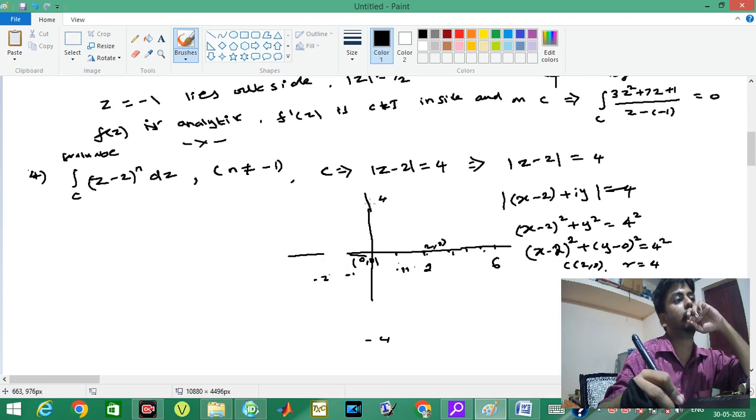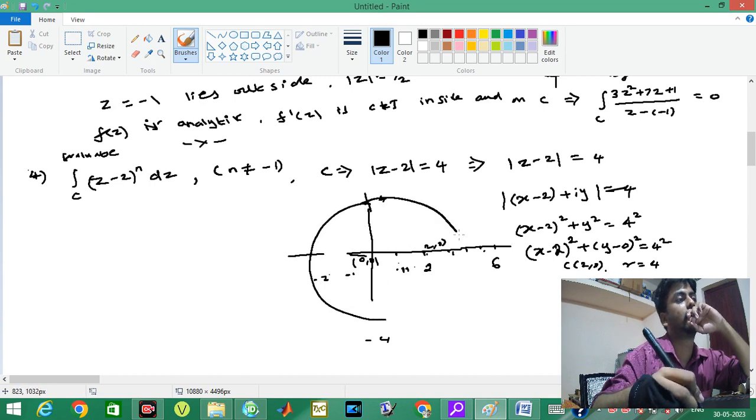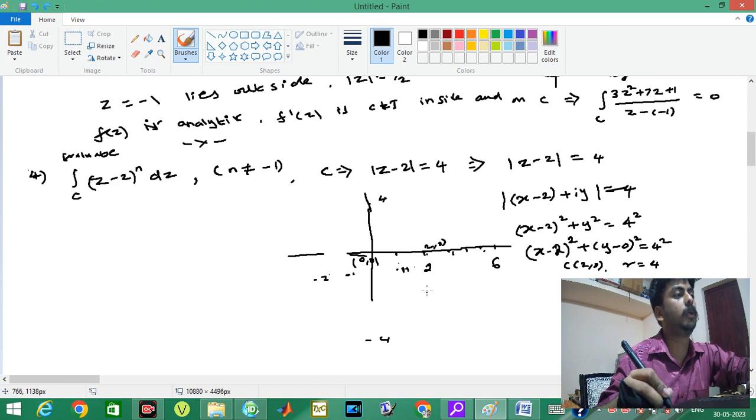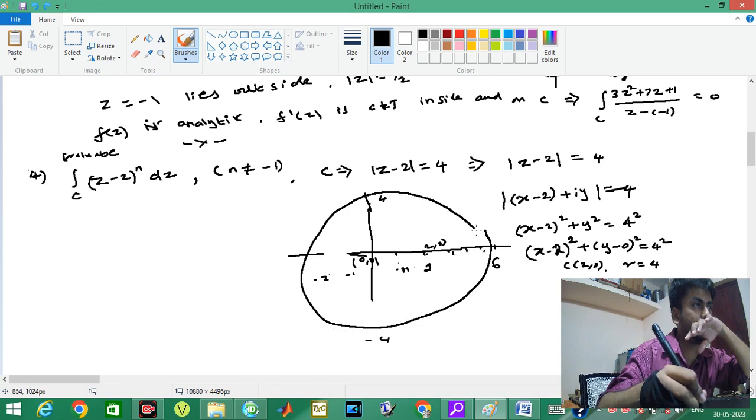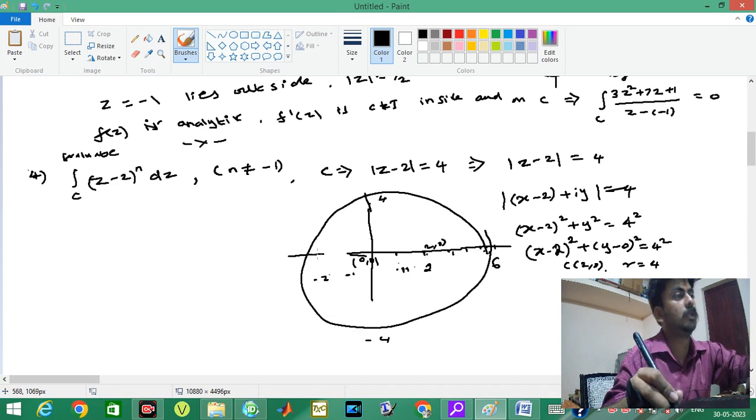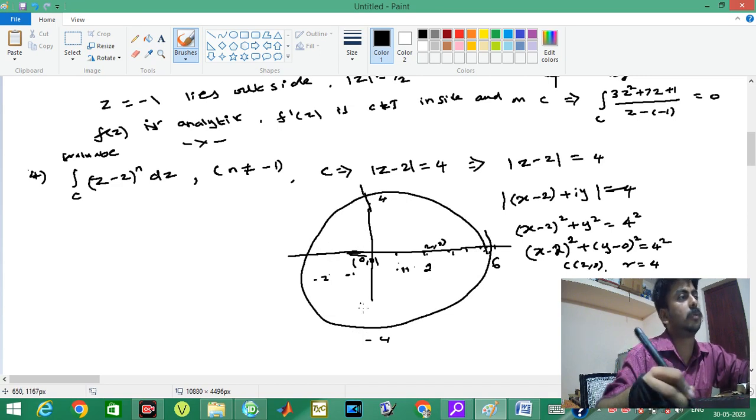Now we will have the circle. The circle has to be a little bigger. Just think it is a circle.